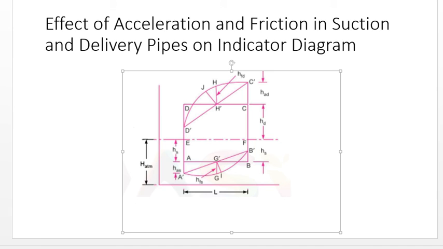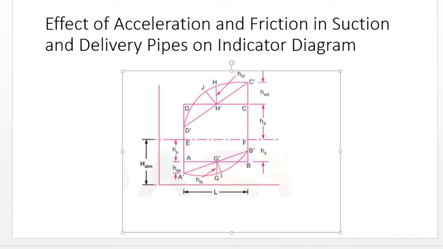Now, with the help of this diagram, we can calculate the work done by the reciprocating pump. So the total indicator diagram is A dash, G, B dash, C dash, H and D dash. This is the combined effect of the acceleration and frictional head on the indicator diagram.